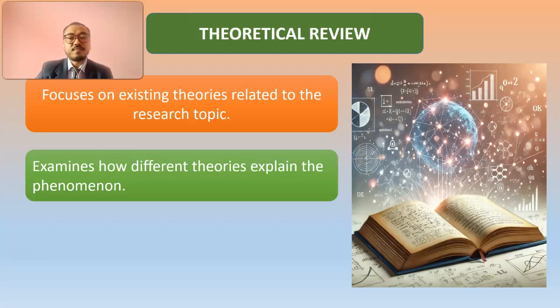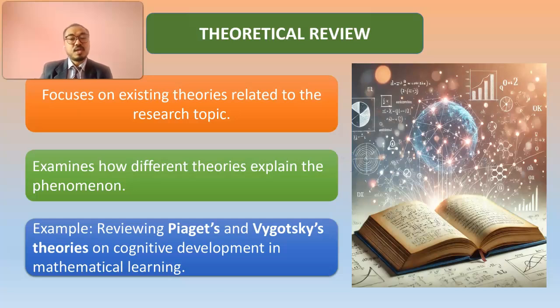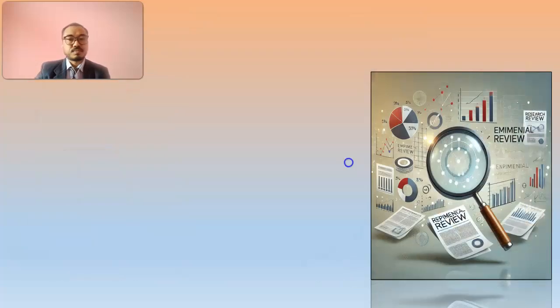It examines how different theories explain the phenomenon. For example, reviewing Piaget's and Vygotsky's theories on cognitive development in mathematical learning. So it helps you to compare the previous work done by different researchers. So it will give you some idea how to do the research work. So you can compare different research papers, and from that you can carry on your research work.